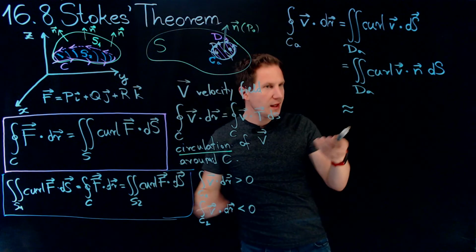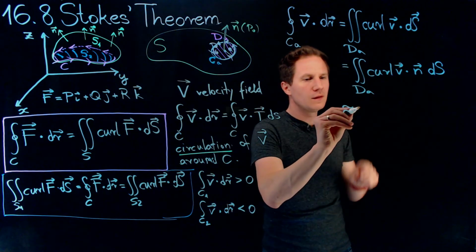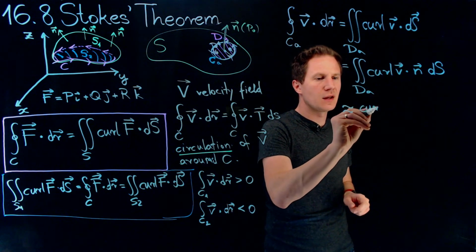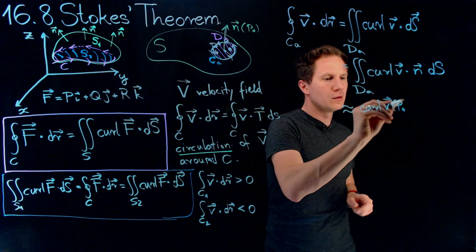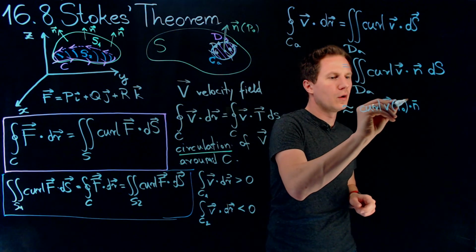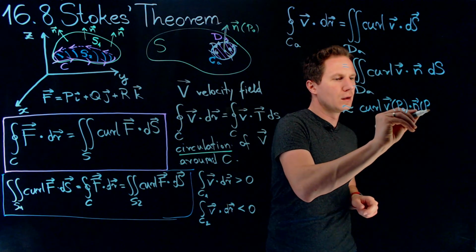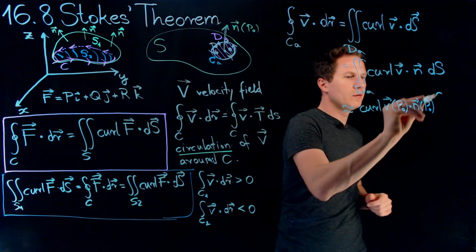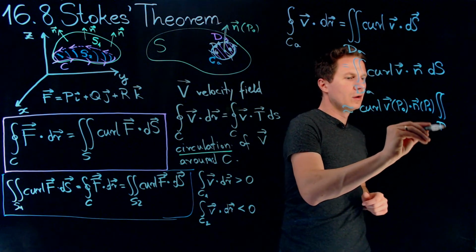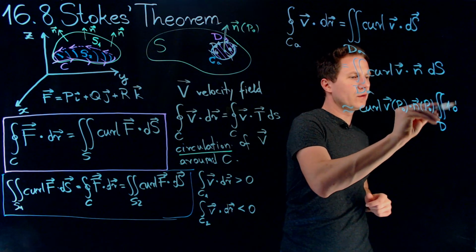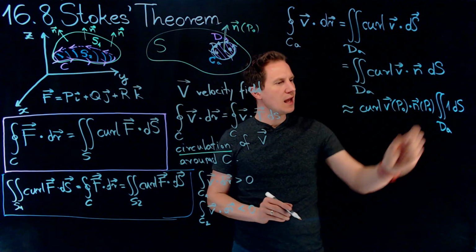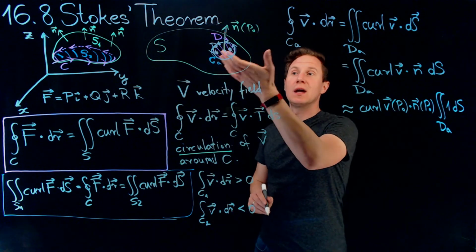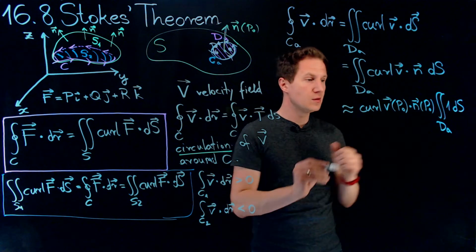If we do that, we get an approximation, and this dot product is of course then a constant, which I can just factor out of the integral, and then we have the double integral of the constant function 1 over that surface. So that's just the area of our surface, which was a disk of radius a.